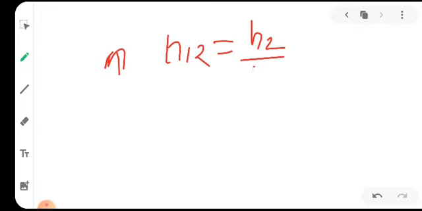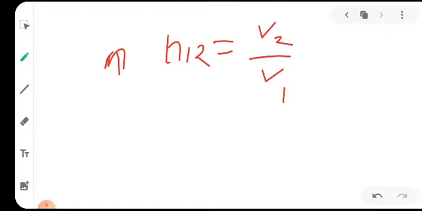So you just have to check the ratio. n12 was v2 over v1.